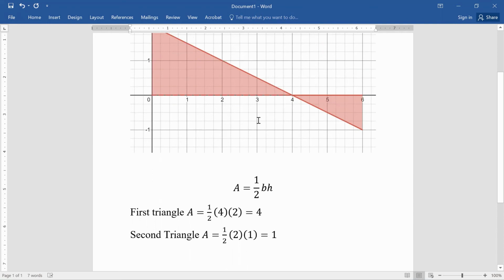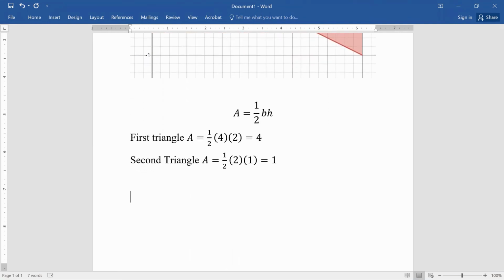If I want to find the signed area, I would say the total signed area is equal to a +4 plus a -1.